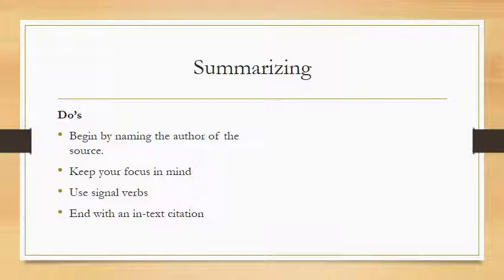This is also a good way to name the author of the source at the beginning. And then, of course, at the end, you need an in-text citation. Even though you've put it into your own words, you have to have an in-text citation because it's somebody else's ideas. Otherwise, it's considered plagiarism.